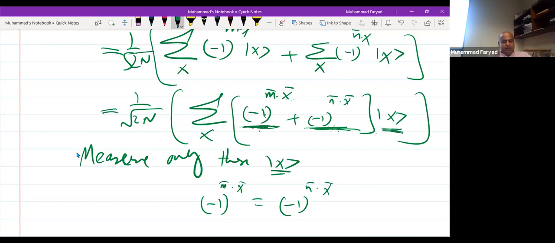Only for those states X you will see some amplitude at the output, because if they are different, if one is -1 and the other is +1, the sum is 0, and that state will not appear in the measurement statistics.